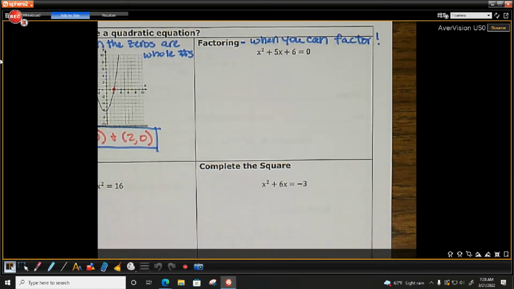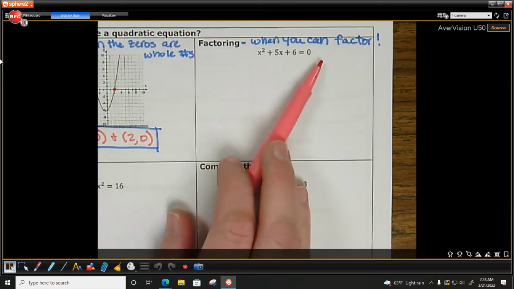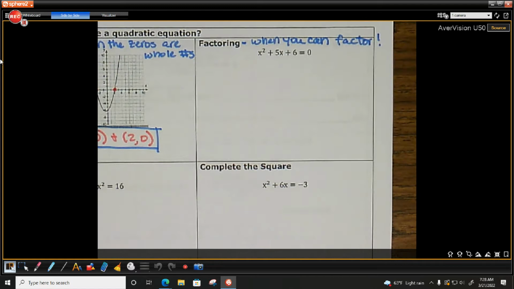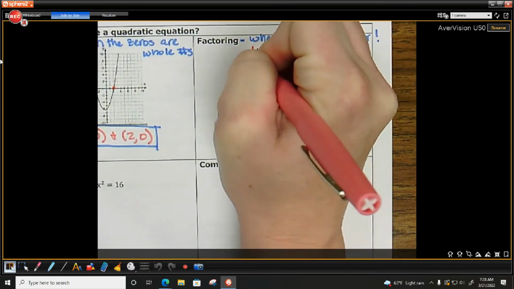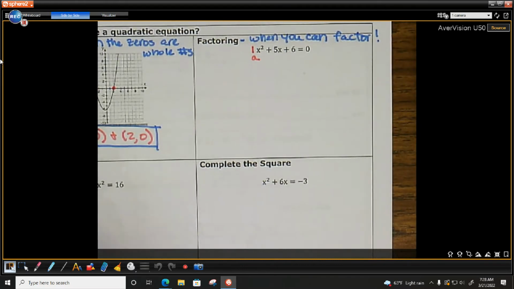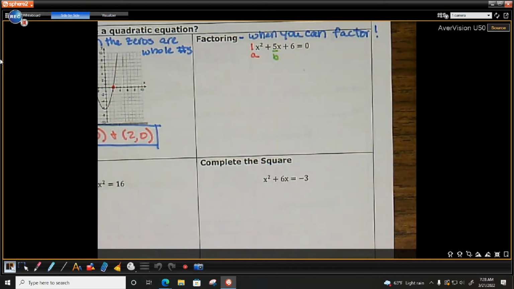Okay, so remember when you're solving by factoring, it needs to be in standard form. ax squared plus bx plus c equals 0. Is it already in that form? So what's my a? 1. Very good. What's my b? 5. And what's my c? 6.